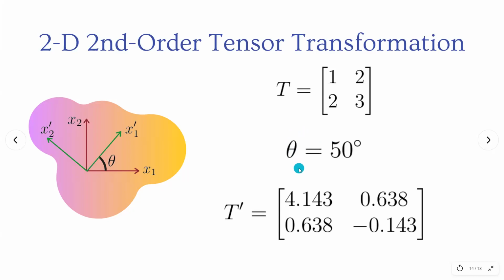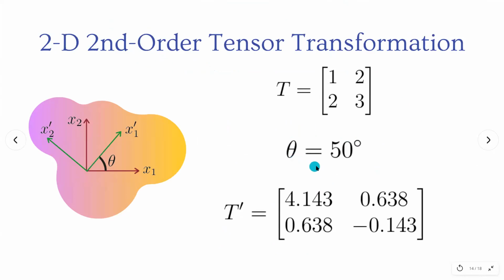If the coordinate axes are rotated 50 degrees counterclockwise, then we plug in everything. We know Q, the transformation matrix corresponding to this rotation: cosine theta, sine theta, negative sine theta, cosine theta.